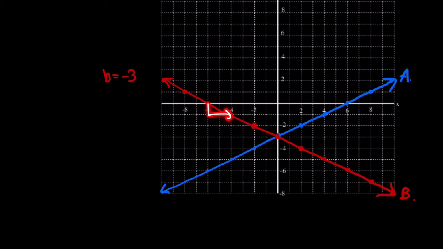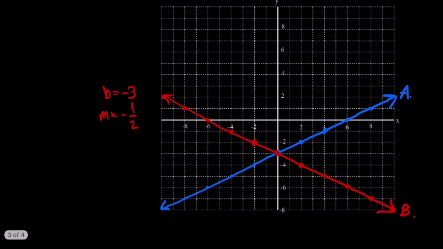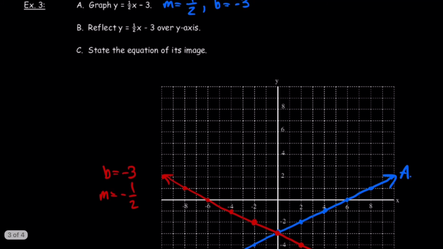Down and to the right: down 1, right 2, down 1, right 2, down 1, right 2. So 1 over 2, almost. Remember, we're going downhill. We're going down to the right. So that slope is actually going to be negative 1/2. To write the equation, you just put those into that y equals mx plus b. Y equals negative 1/2 x minus 3.